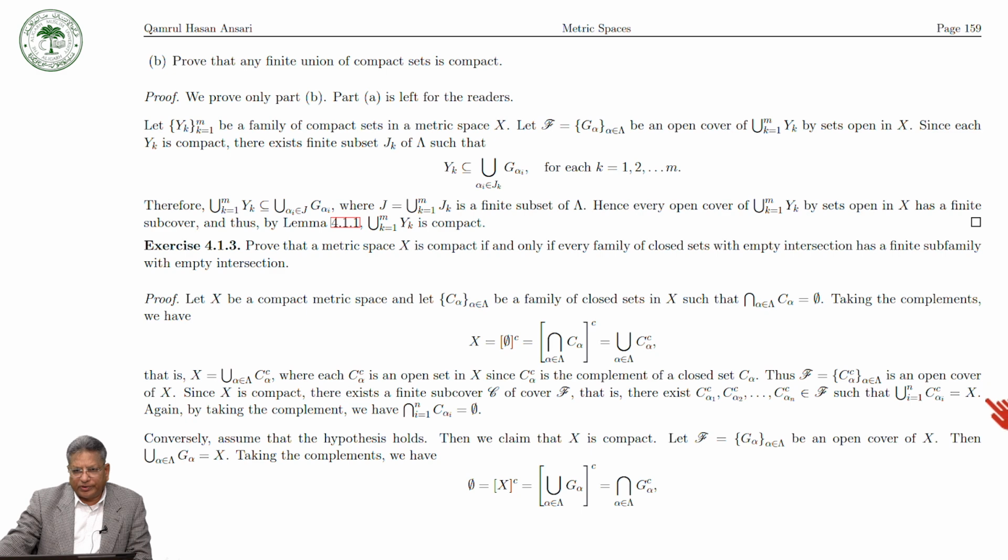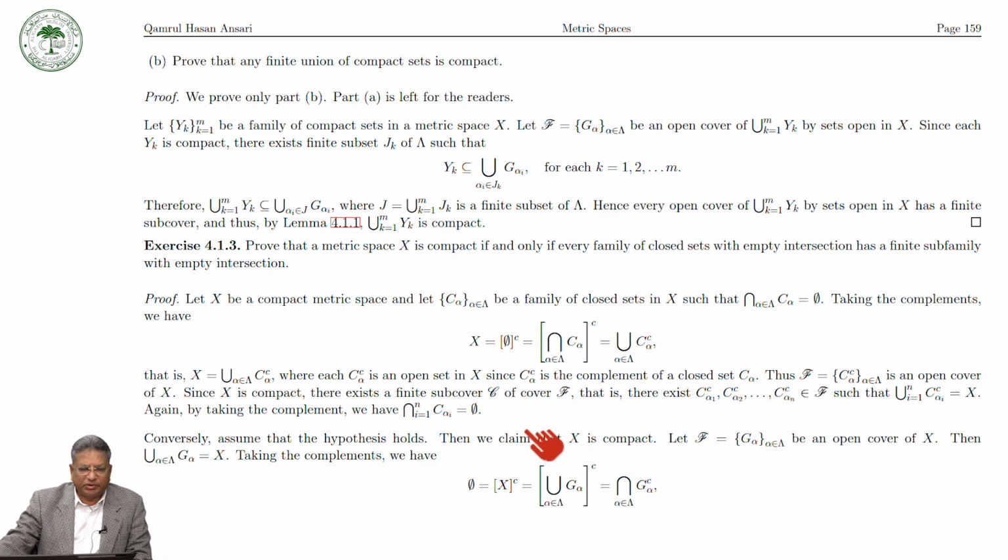The complement of X is the empty set, and the complement of this union is the intersection of the C alpha i. So this is a finite subfamily with empty intersection. This way we have proved the one part.